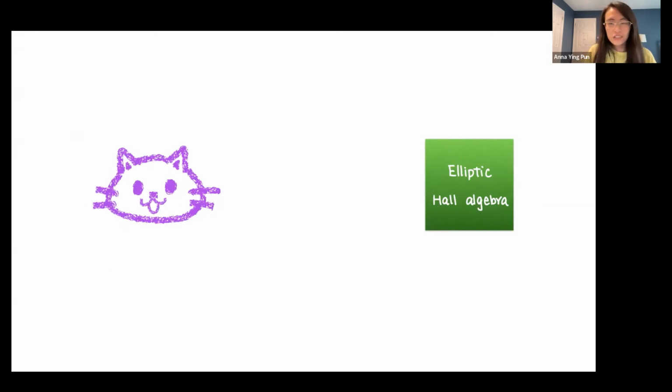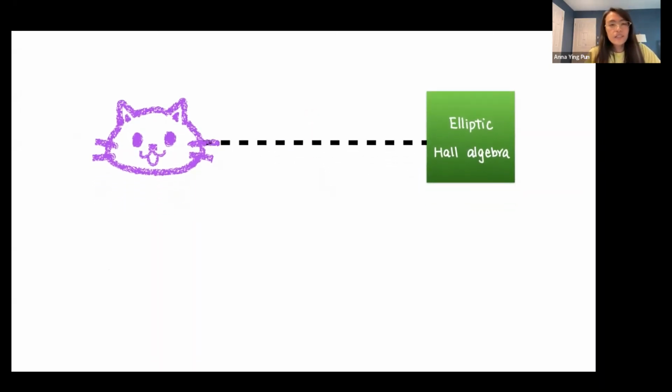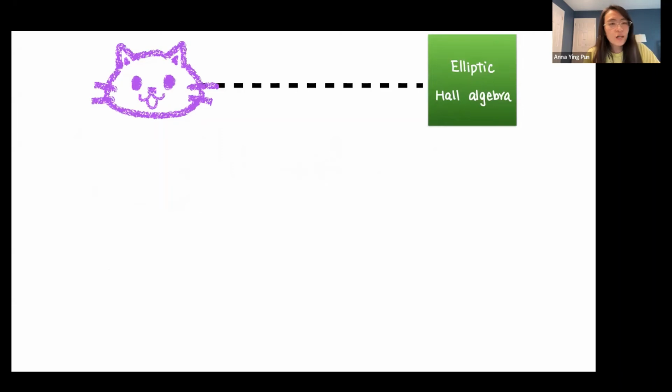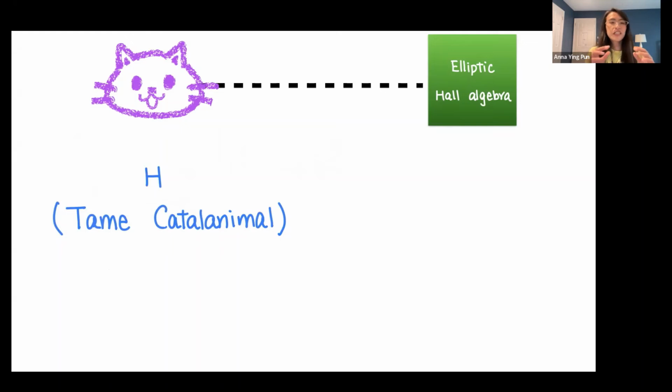But now, where's our cat? I talk about the cat and suddenly I change gear to this elliptic algebra. Is there anything related between these two guys? And the answer, of course, is yes. So how do we connect these two together? Well, not all the cats can relate to them, but there's something called the tame cat.